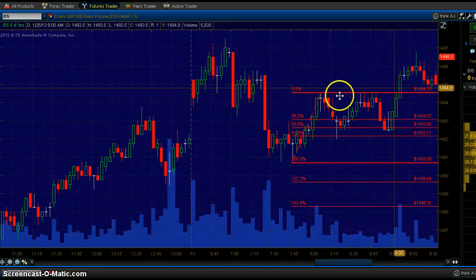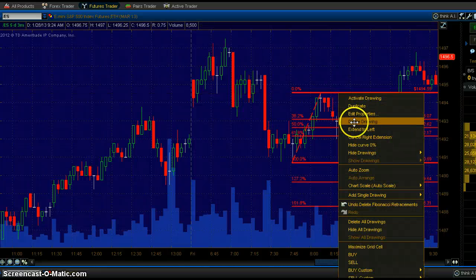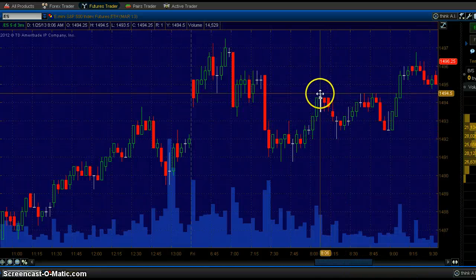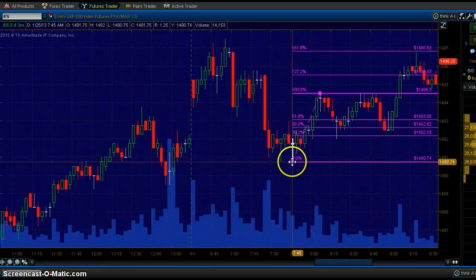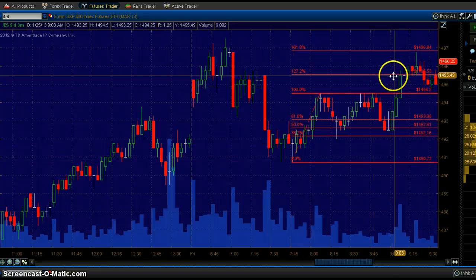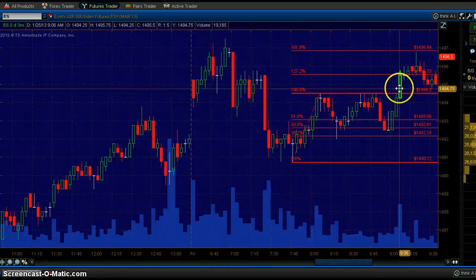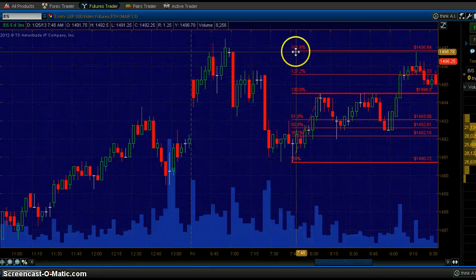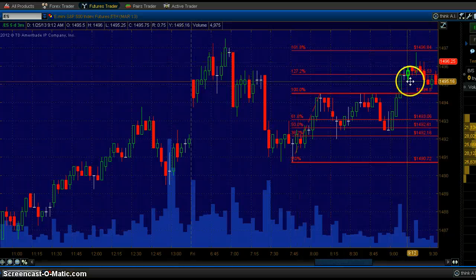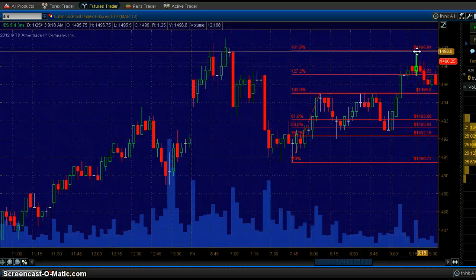Or as you saw it move higher there, you're saying, oh, it might start moving back up for the day. So you had your active targets. These are the common target prices. And as you saw it break higher here, your target would have been the 127.2 or the 161.8. It did, and it hit 161.8.